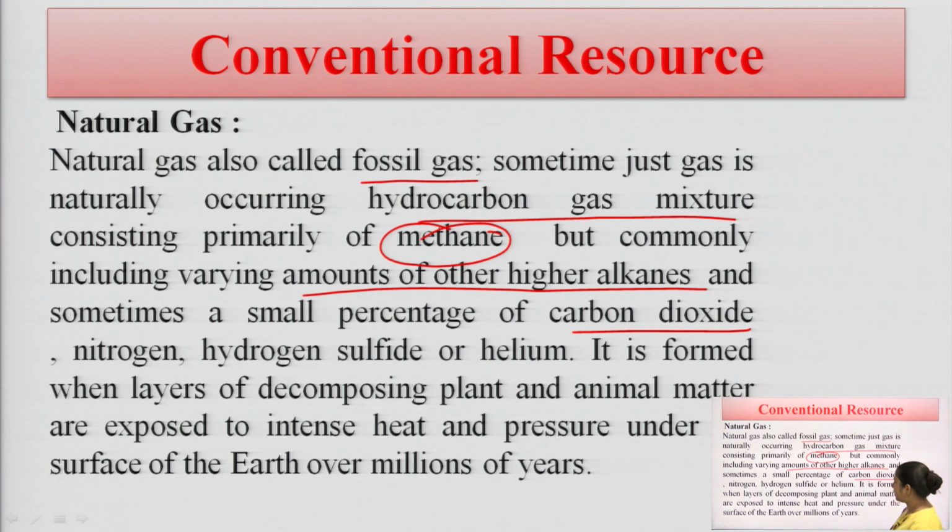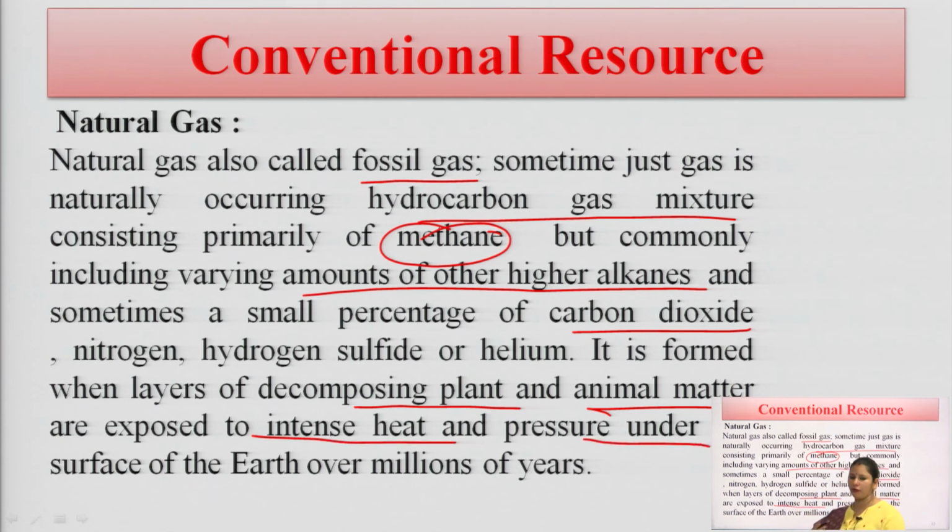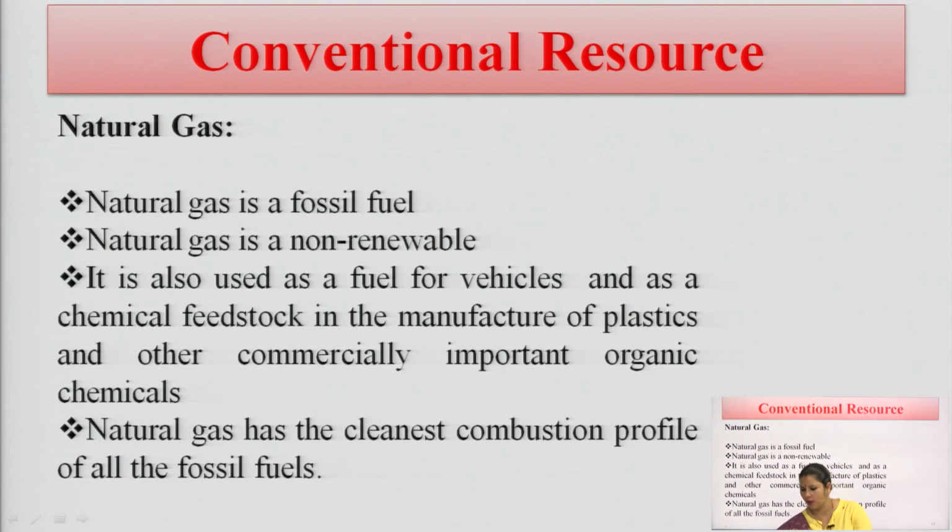It is formed when a layer of decomposing plant and animal matter is exposed to intensive heat and pressure under the surface of the earth over millions of years. So, this natural gas is formed.